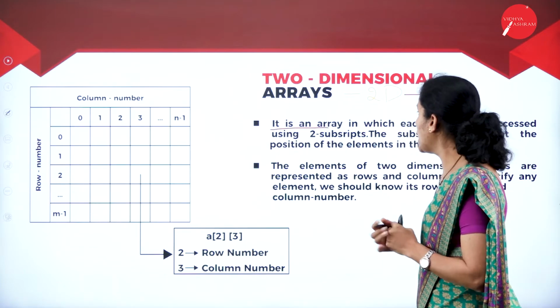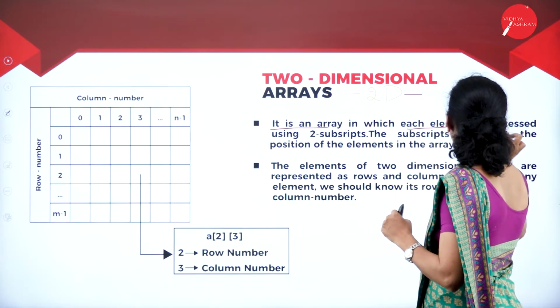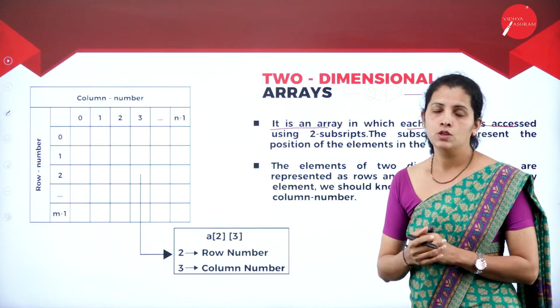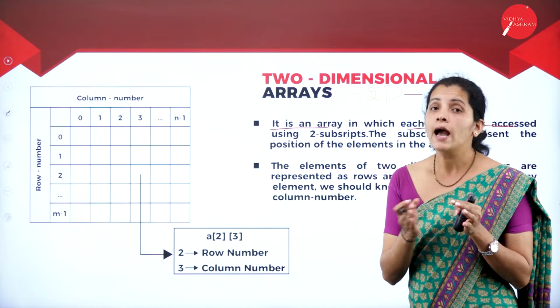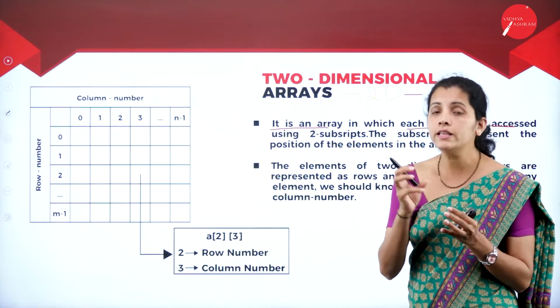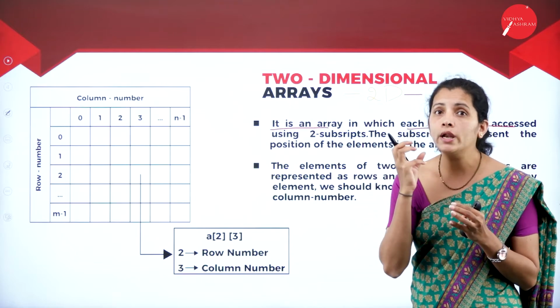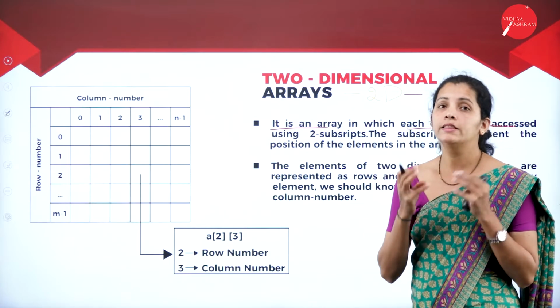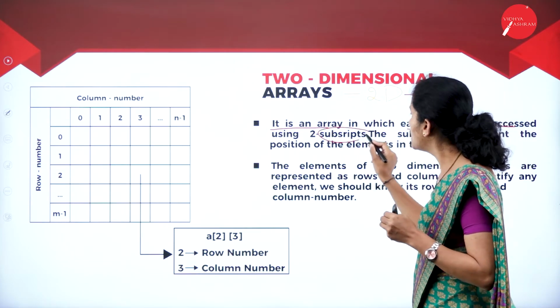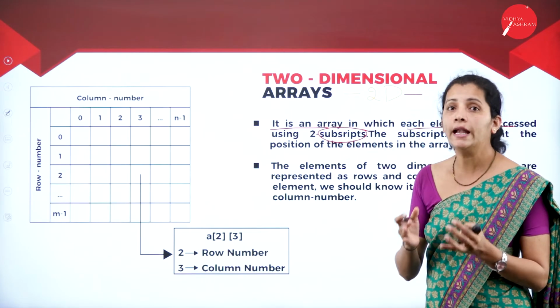It is an array in which each element is accessed using 2 subscripts. So here 2D is an example of arrays, and if I want to access an element which is stored in the 2D array, then I require 2 subscripts. Here subscript is nothing but the index.